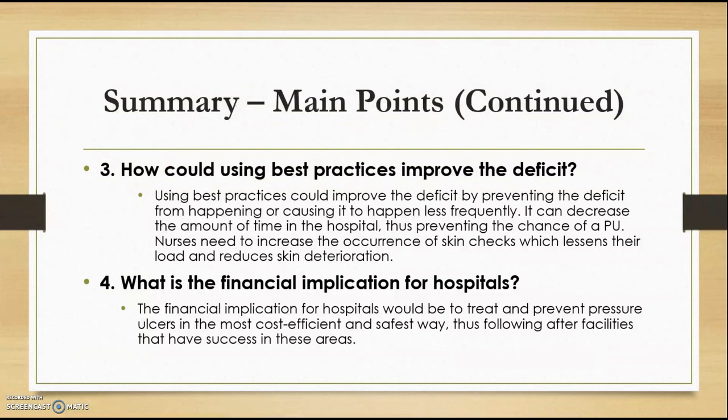What is the financial implication for hospitals? The financial implication for hospitals would be to treat and prevent pressure ulcers in the most cost-efficient and safest way, thus following after facilities that have success in these areas.